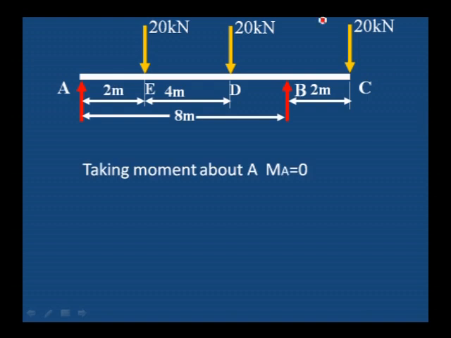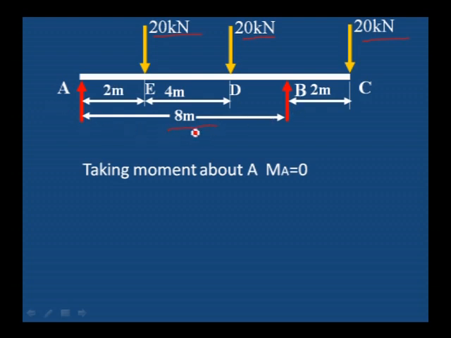I have considered one simple beam where 3 point loads are acting. One is at the free end, 20 kilonewton, and one more is at a distance of 6 meter from A, and the third point load is 2 meter from A, the left support. The two supports are 8 meter apart.